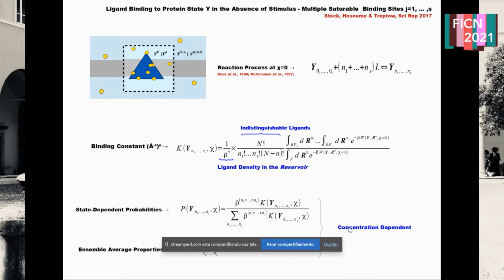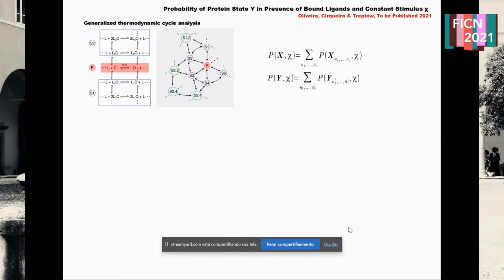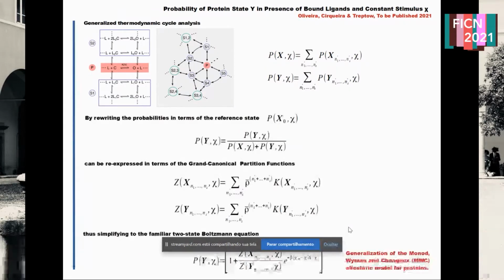So if you put these two pieces of the cycle together, we may then finally write down the probability of the protein to be in a specific conformation Y and stimulated by chi, in the form of the Boltzmann equation as before, but now taking into consideration the ratio between these two grand canonical partition functions, which describes the affinity of the ligand across every possible occupancy state of the protein in a specific conformation.